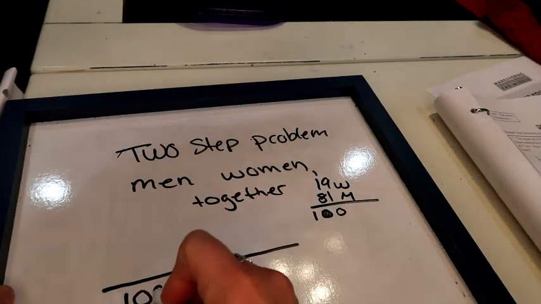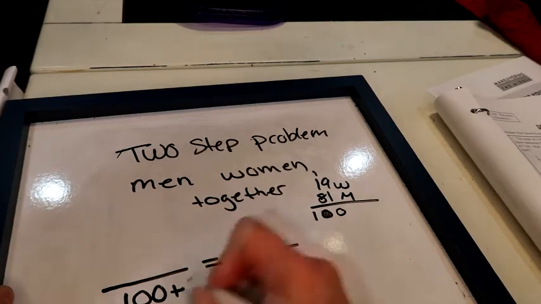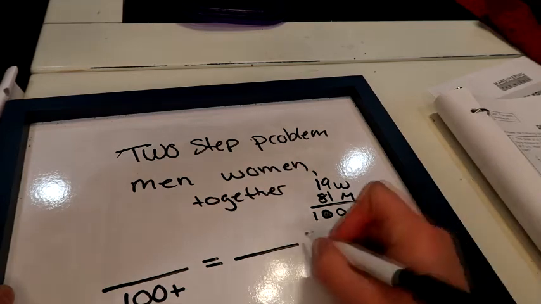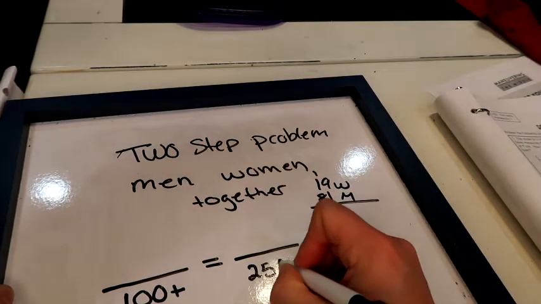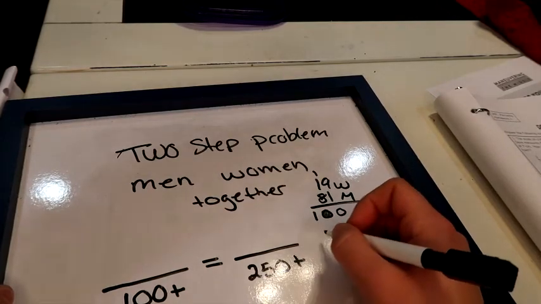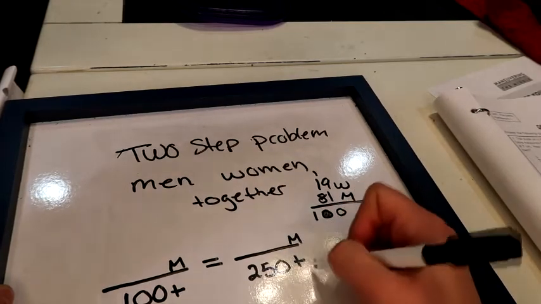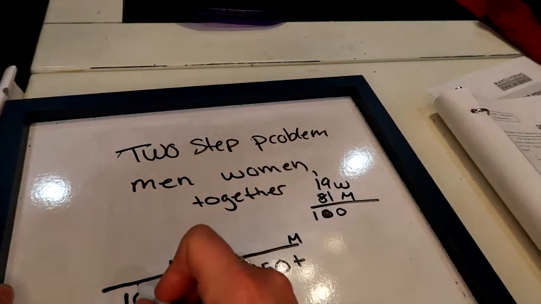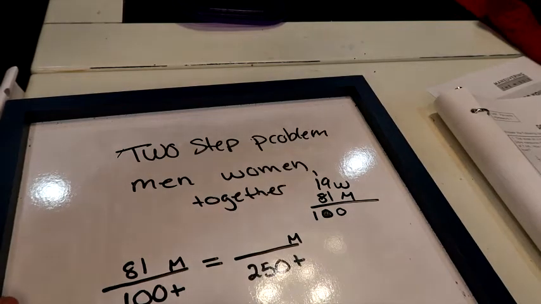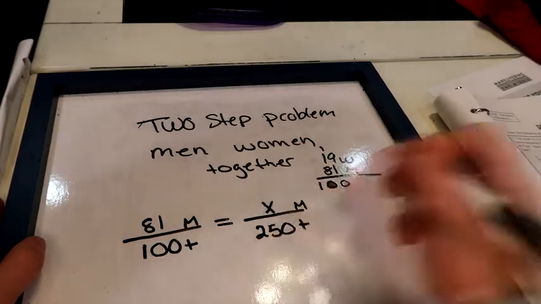So we're going to stick that at the bottom as together, because we're always looking for the together part. And then we're going to stick 250 at the bottom, because that's men and women together. But we are looking for men specifically. So sorry, ladies, we don't know. But we do know that there are 81 men for every 100 people. So we're going to put X on top.